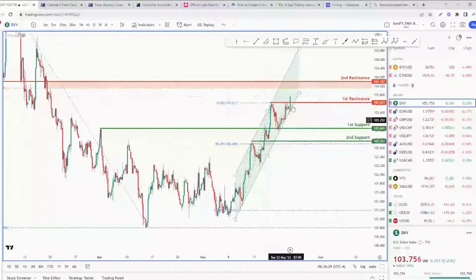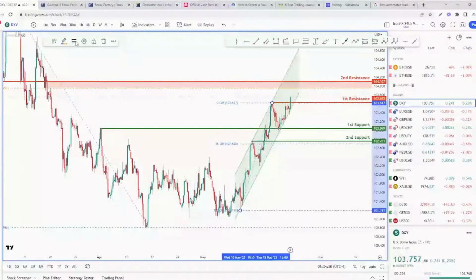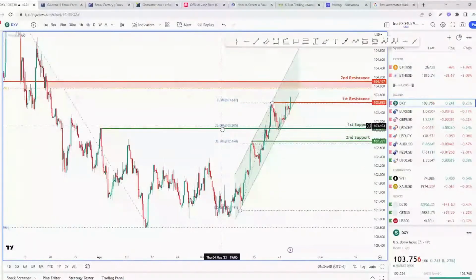So you can see it go up here, and we had also run a Fibonacci sequence here. Fibonacci retracements are done from the bottom left to the top right. So let's just ignore this current move here. As price rejected off this level of 103.60 and started retracing, we had our swing high over here.